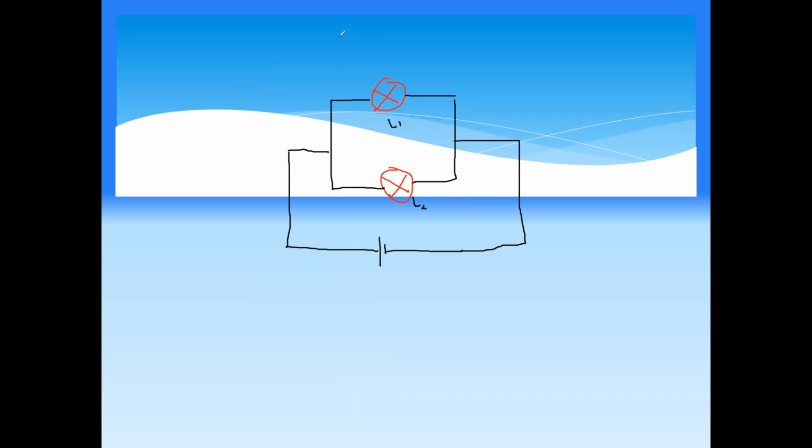So we don't have to connect 2 voltmeters. One voltmeter across either lamp 1 or lamp 2 is sufficient. I can connect a voltmeter here. That will give me the voltage of lamp 1, which is the same as the voltage of lamp 2, and the same as the voltage of the battery. So if this voltmeter records 3 volts, the lamp 1 voltmeter will also record 3 volts.